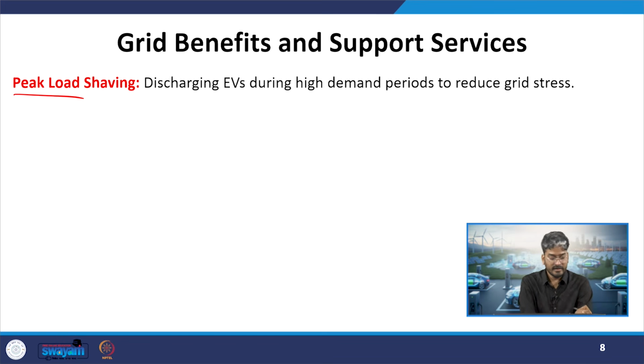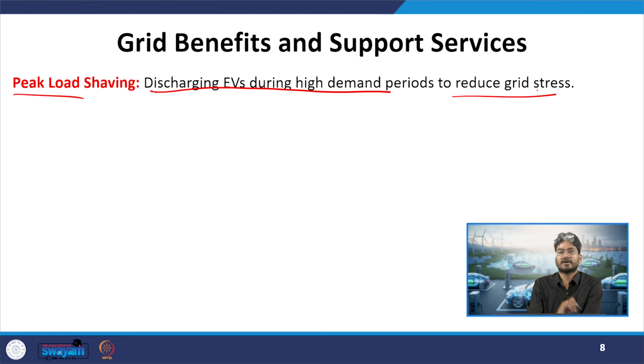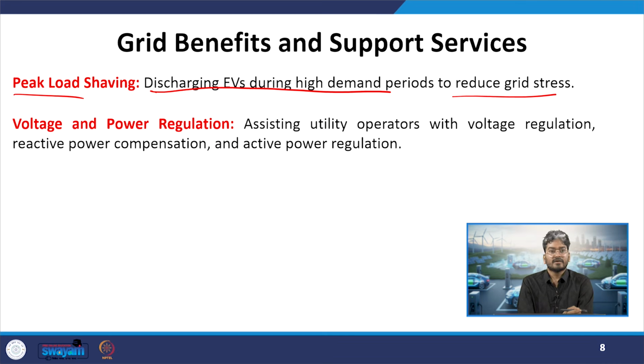During that time we will be discharging the electric vehicle and feeding the power into the grid, and we will be reducing the stress across the grid. This will be helping the grid to mitigate its peak load demand, so that our voltage and power will be regulated.